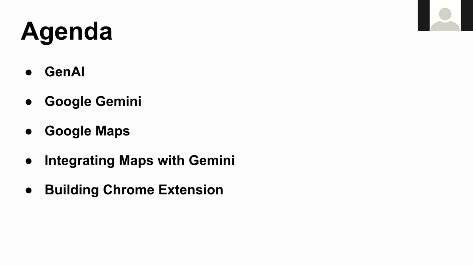In the Chrome extension, I'll be using an open source option, Open Map, which is another approach we can use to generate maps instead of Google Maps.